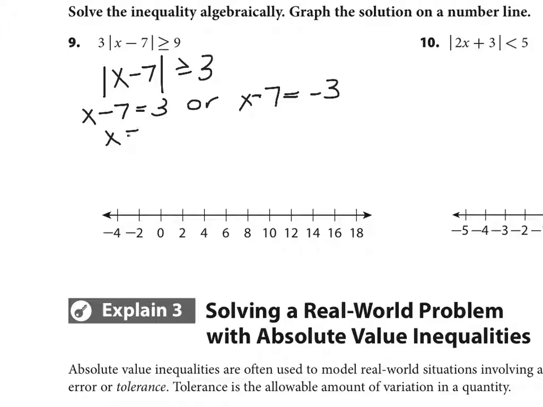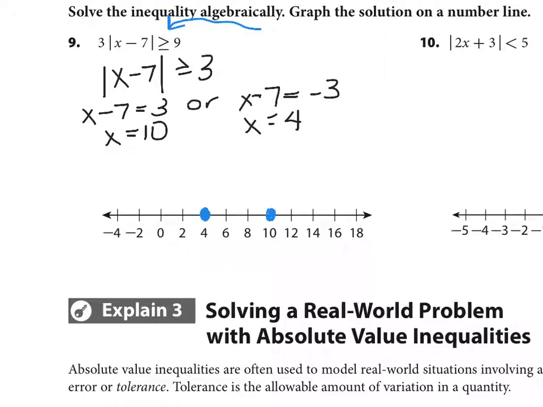Solve both of those equations, add 7 to both sides, we get x equals 10, or x equals a positive 4. Since this inequality has a greater than or equal to symbol, we want to include those endpoints. So we're going to put a closed circle at x equals 10 and at x equals 4.